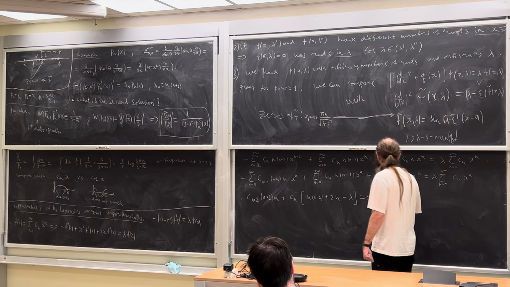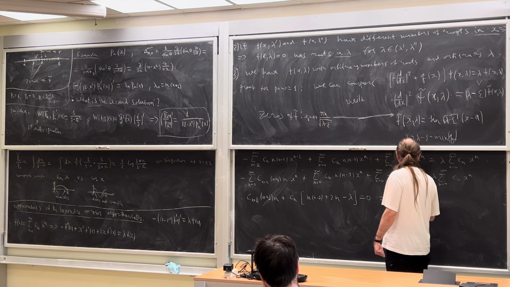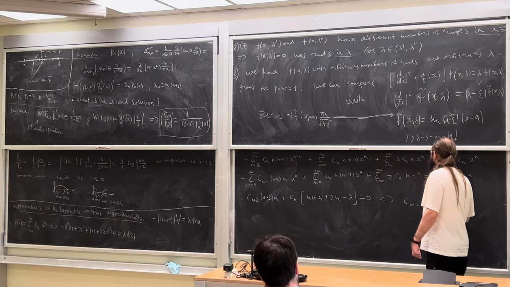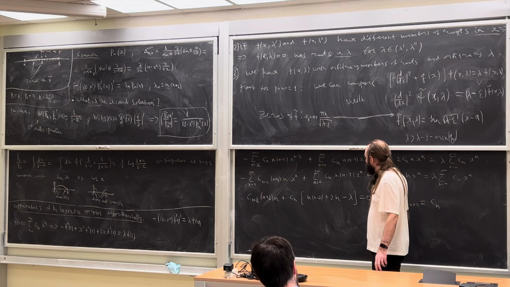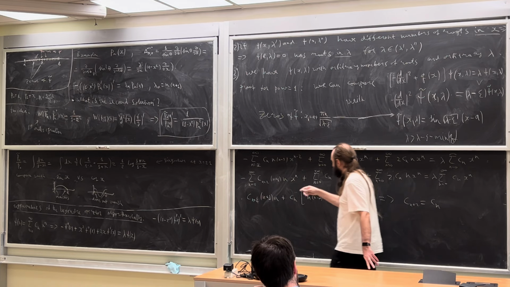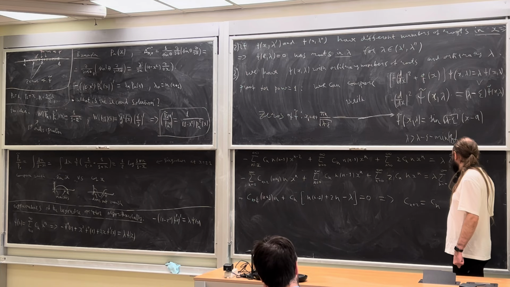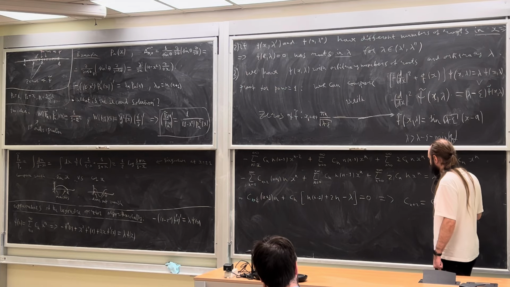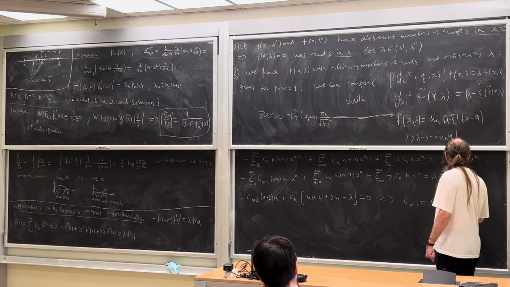So we have the following recurrence relation: C_{n+2} equals C_n times (n(n+1) minus lambda) over (n+1)(n+2).